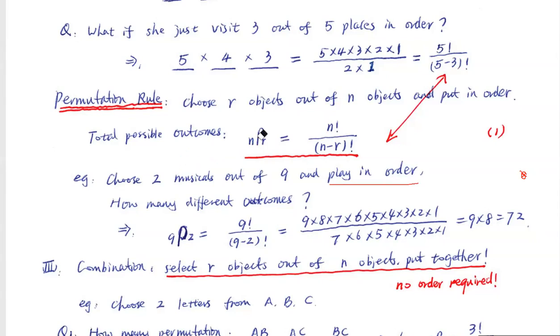We plug into that formula. Choosing two out of a total of nine, the numerator is n factorial, 9 factorial. The denominator is n minus r, so it's 9 minus 2. Follow me?